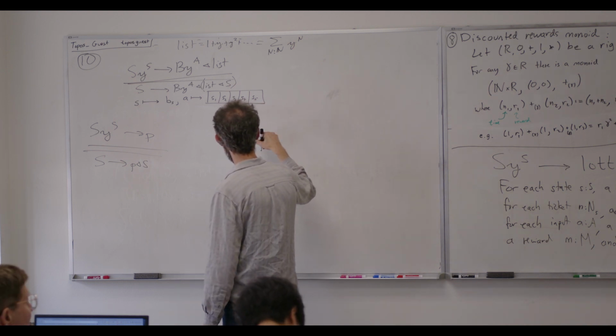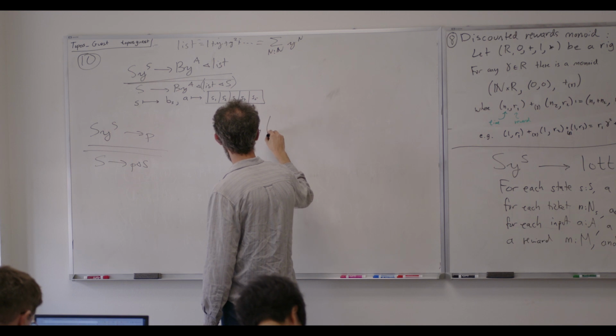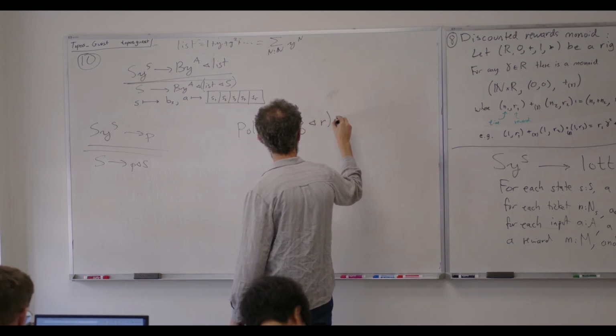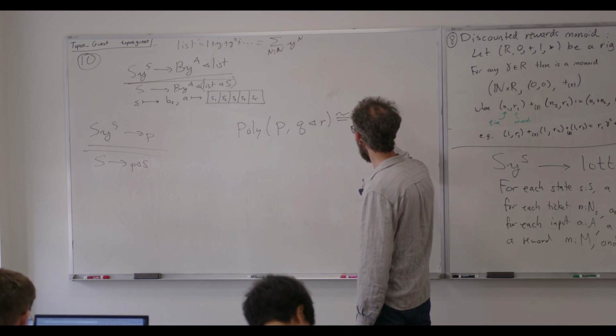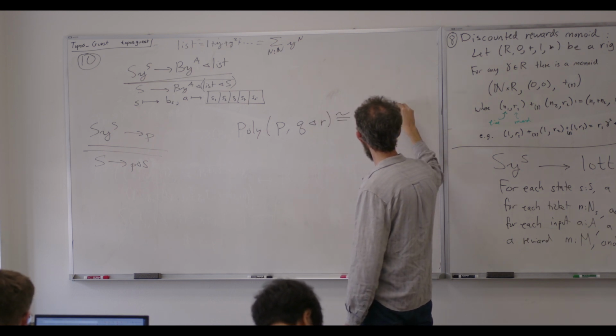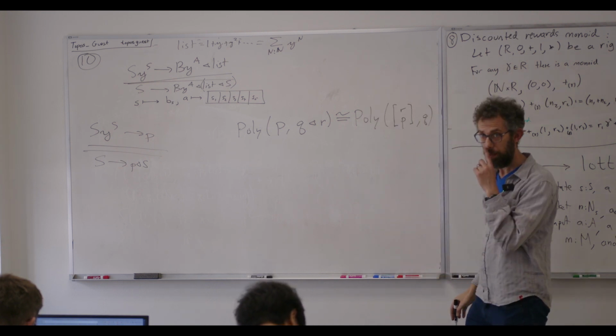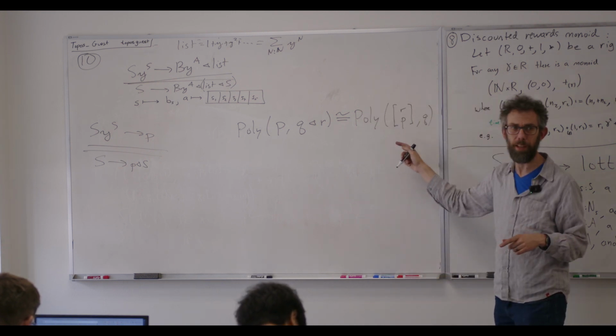Here's a fact. I don't know if this is interesting, I think it might be. I wasn't planning to talk about it, but p to q composed with r has an adjunction that says this is poly, p r q, but I haven't defined this symbol for you yet.